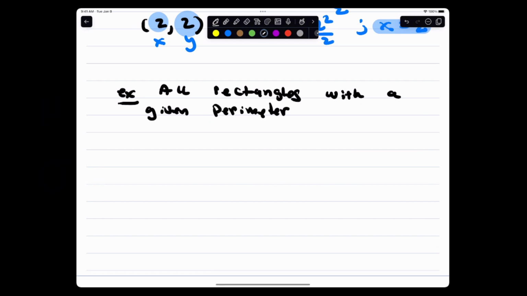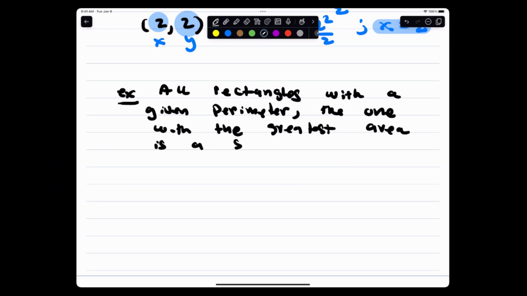I'll explain to you guys what this means. The one they're talking about, it's really not a rectangle, with the greatest area, is a square.